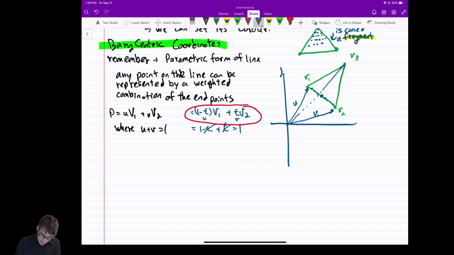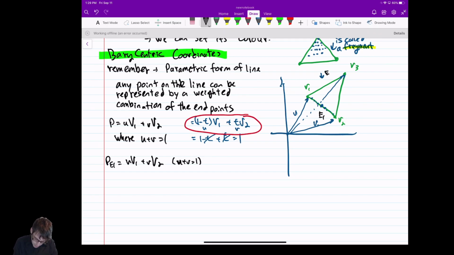So this line here, I can do the exact same thing. I can write it as a parametric equation. I'm going to call this edge 1. So the point on edge 1 is going to be u v1 plus v v2, where u plus v equals 1. Now I'm going to call this edge 2.